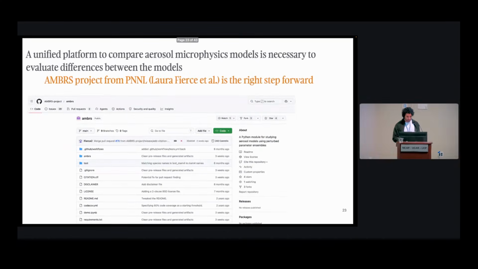I want to emphasize that there hasn't been any work in terms of unifying model intercomparison for aerosol box modeling, and it's very important to have one, because there's so many different models from different groups, and everybody does different work and different field campaigns, different measurement, different chamber experiments, etc. So there has been an effort done by PNNL group led by Lara Fierce that they call Amber Projects.